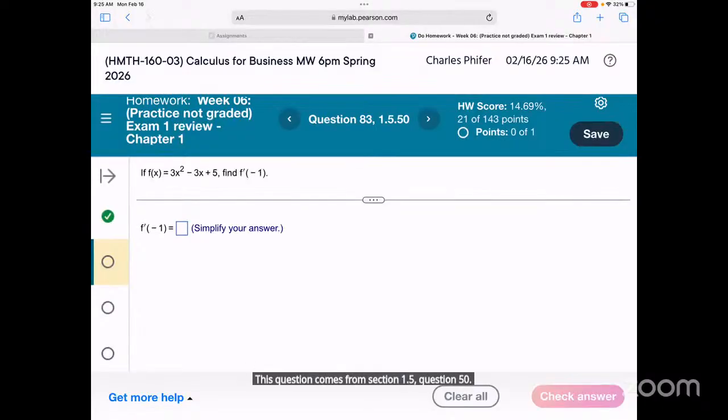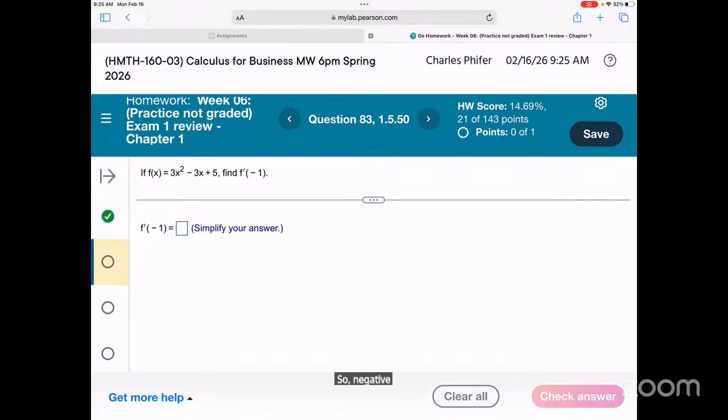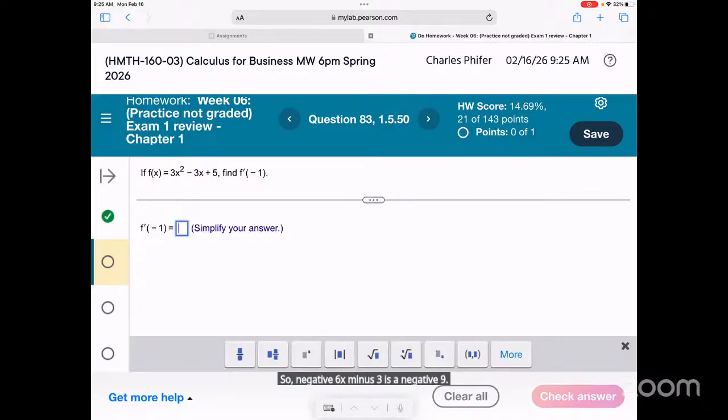Given this f, find f prime of -1. So the derivative here looks like it's going to be 6x minus 3. So negative 6x minus 3 is -9.